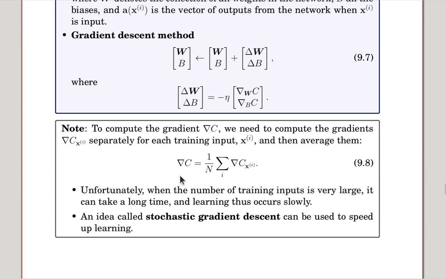Then we average them. However, when the number of training inputs is very large, averaging all the gradients for one update is really expensive, and learning will be very slow.